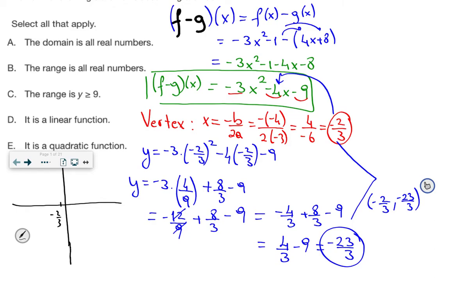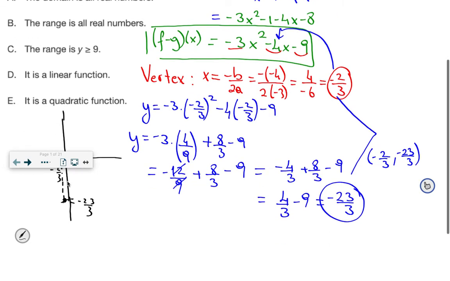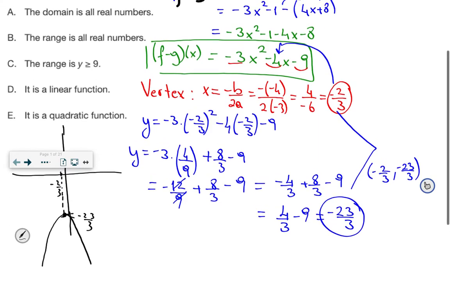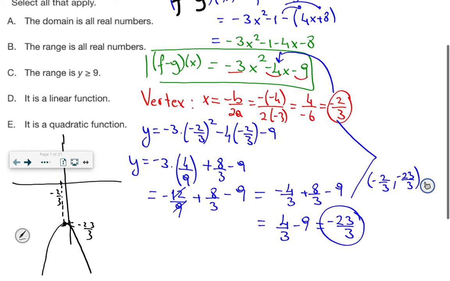Let's say that this is negative 23 over 3. Then you will understand that this graph is going to become like this. Like this. So now let's try to figure out all these possible multiple choices.